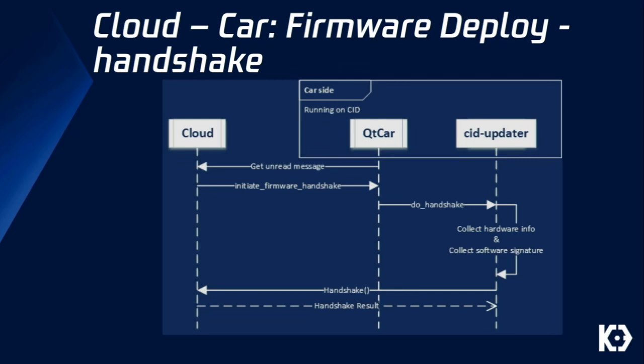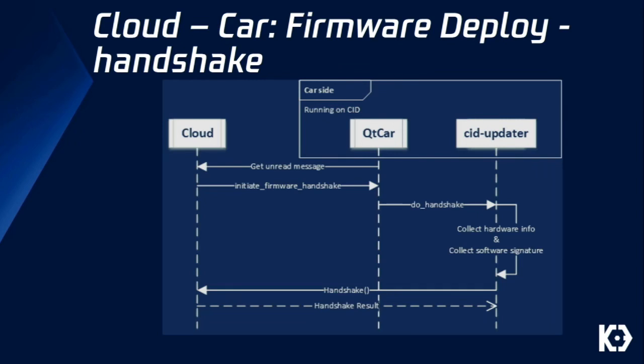For example, if this is a full WD car, or if this car has an Autopilot ECU, and also collect software signature. And this signature is actually a checksum of the current firmware running on CID.